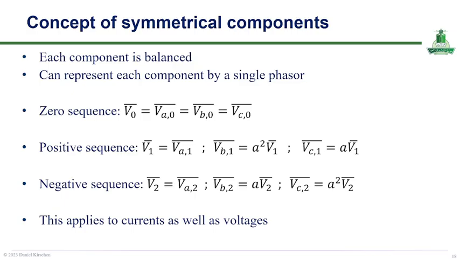Importantly, this decomposition applies not only to voltage but also to current, making it a very useful tool in power system analysis, especially under fault or unbalanced conditions. So you can see all of these equations here.